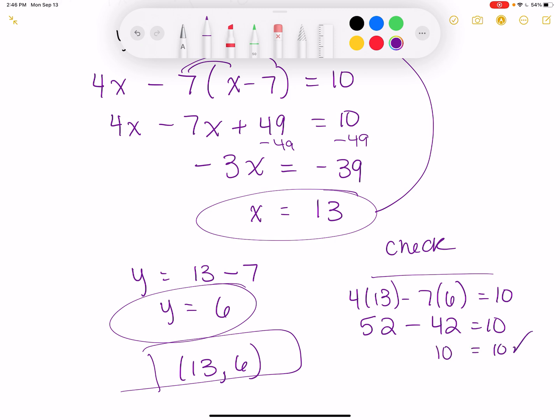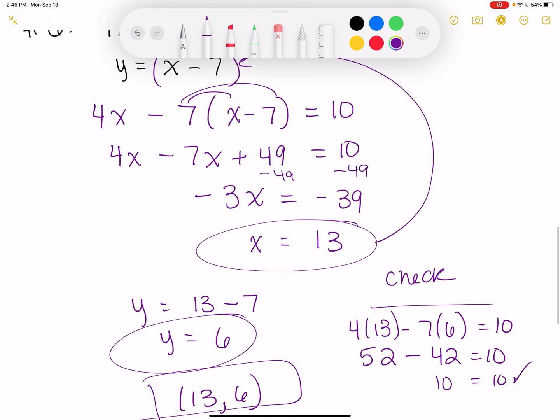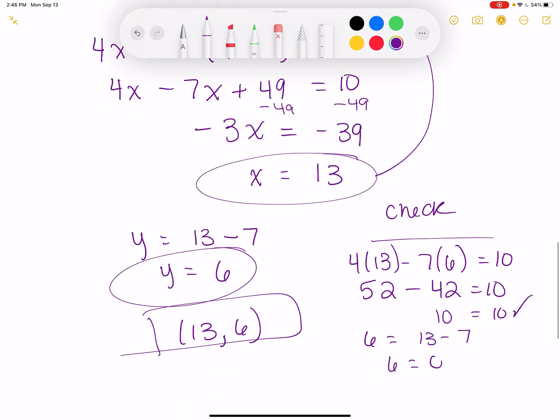So that one's good. Now I need to do it in the other one. Y is 6, so 6 is equal to 13 minus 7. 6 equals 6, so it's good.